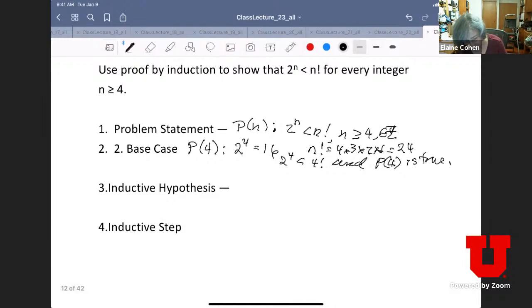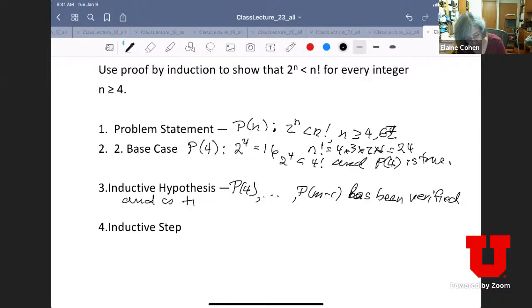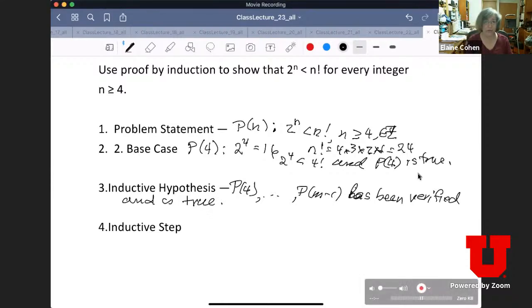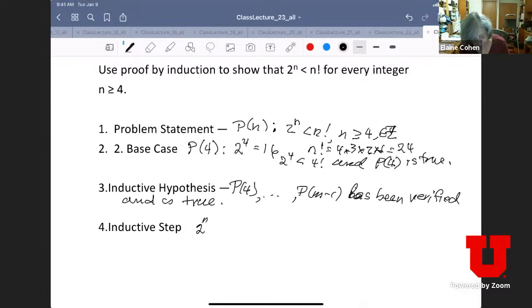Now, what's next? What's our inductive hypothesis? Our inductive hypothesis is that P of 4 up to P of m minus 1 has been verified and is true. Now what do we do? Now we look and say, okay, 2 to the m is equal to 2 times 2 to the m minus 1.